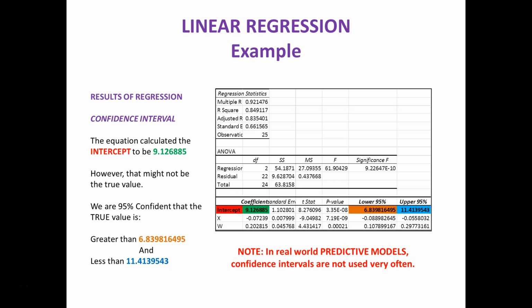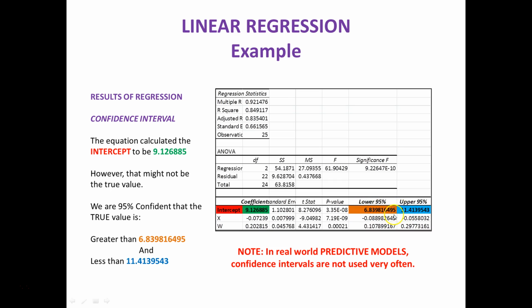However, from the data and the distributions, it can be calculated what the range of it is. So even though this is the number that we calculated, this is probably not the exact number, but we are 95% certain that the real number is more than 6.8 and less than 11.4.